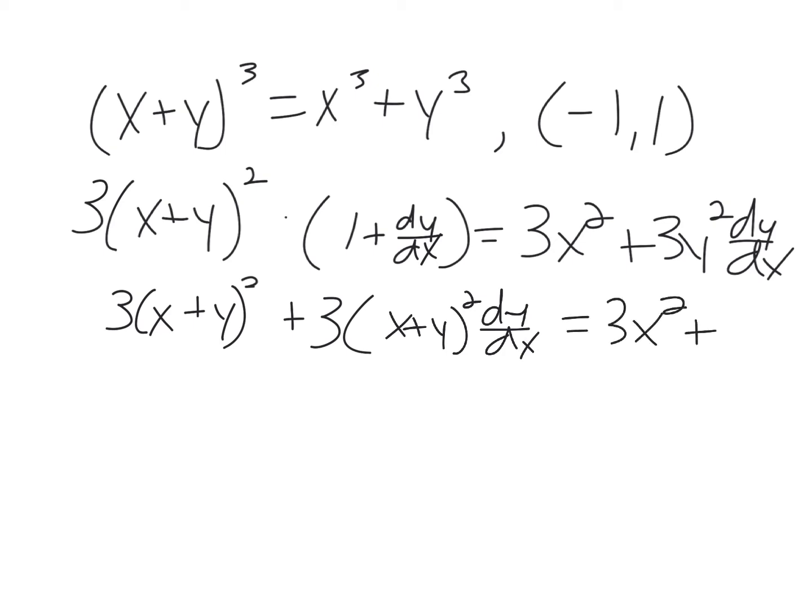And then the left side we keep the same. Now let's move all the dy dx to the left and all the non-dy dx to the right. What's lucky about this, since we're evaluating at a point, I don't need to fully simplify, but we do still need to get dy dx alone.